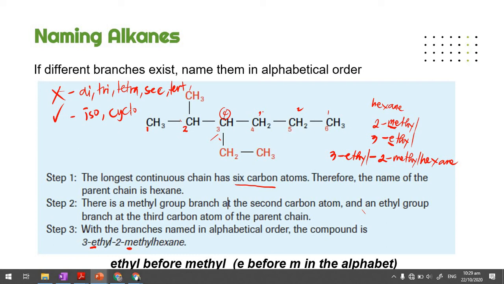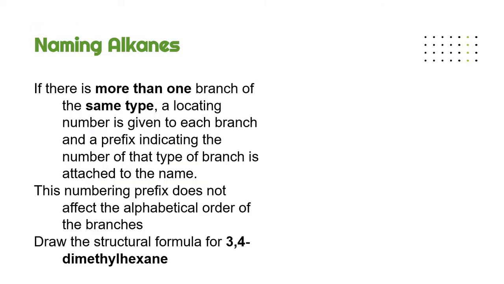We will learn about cyclo later. If there are more than one branch but of the same type, allocating number is given to each branch and a prefix indicating the number of that type of branch is attached to the name. The numbering prefix, like I said, does not affect the alphabetical order of the branches.